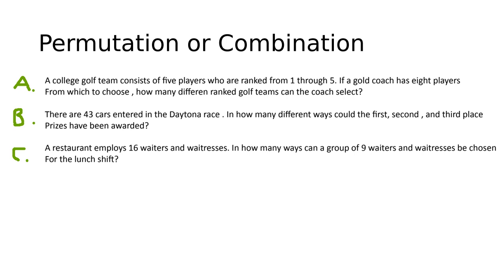So remember, in a permutation, order is important, and in a combination, order is not important. Okay, so let's look at the first one. We have players ranked from 1 through 5, where being ranked 1 versus being ranked 5 is important, right?